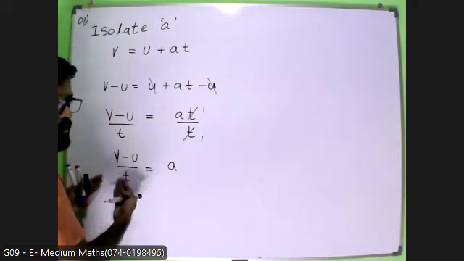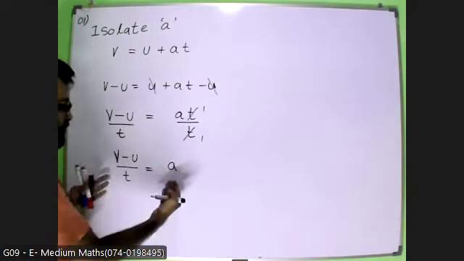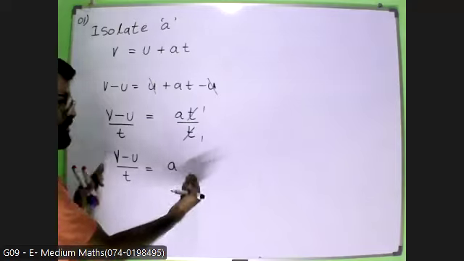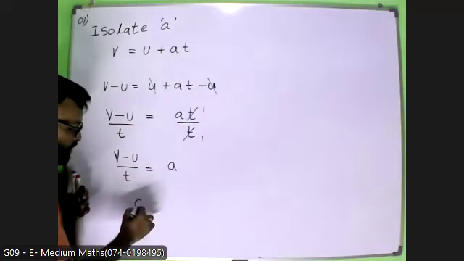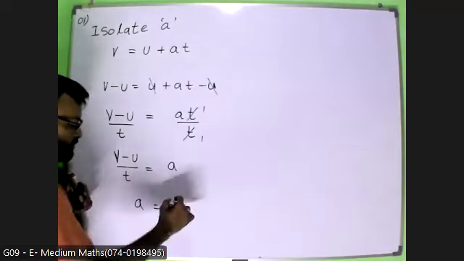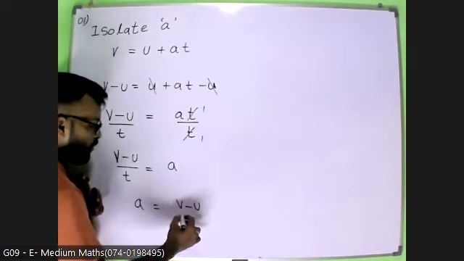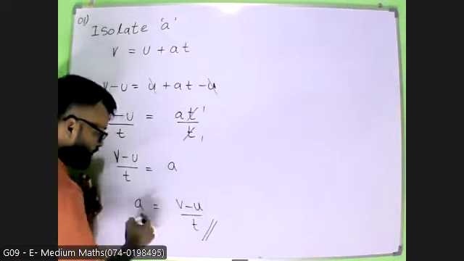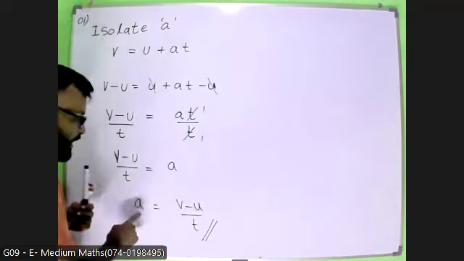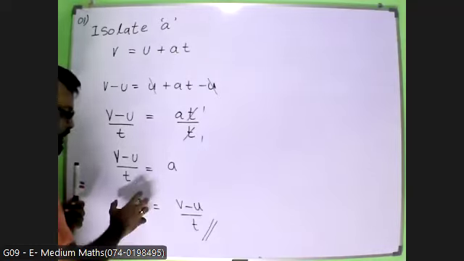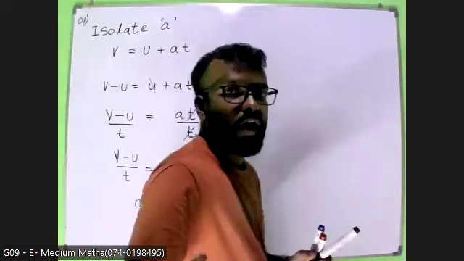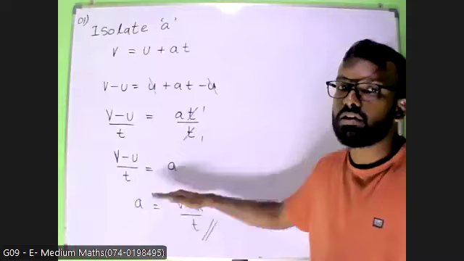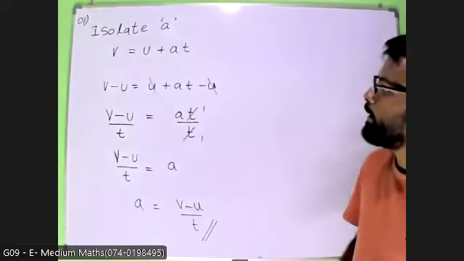You cannot keep it like this, so change the sides. Now you can write A equals V minus U divided by T. Now A is the subject. Now you have done it. So if you have this answer, you will get full marks, right?